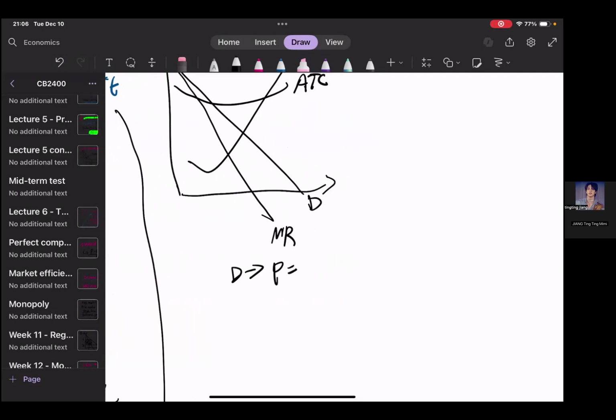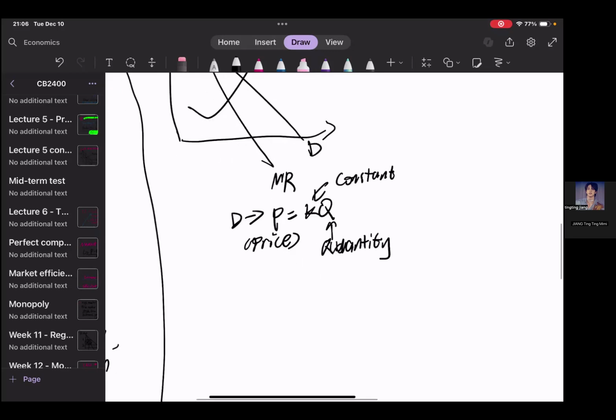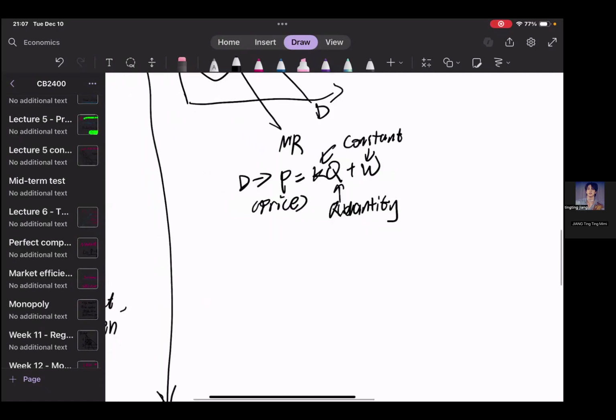Let's say price equals negative KQ plus a constant, where this one is the price, this one is a constant, this is quantity.